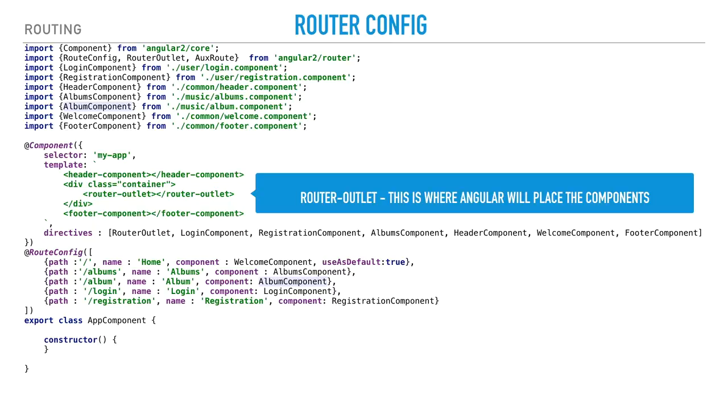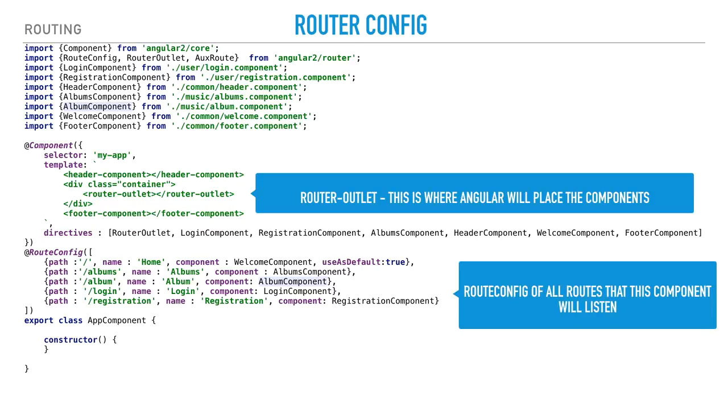So every time that we navigate in this application, we will fill the router outlet with information from the template of the specific component that we are browsing. The second part of the configuration is specifying the decorator with the route config and all the paths that this component should listen to and which component we should initialize in each route. So this is the way that we configure a router in our application.